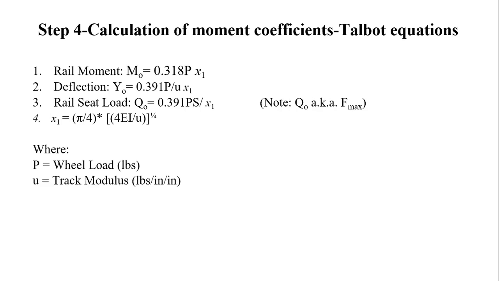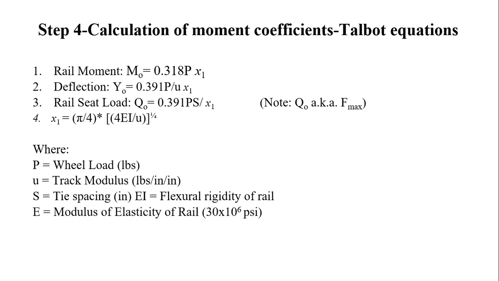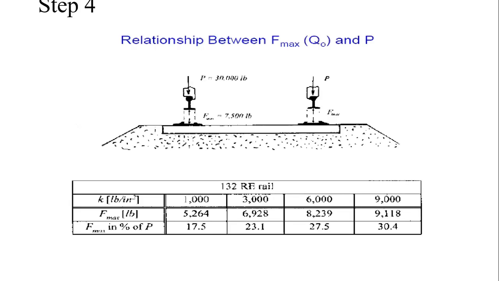We know what B, U, and S are: the tie spacing and the modulus of plasticity. Now, step 4. One wants to know what the value of Q naught, the load seating value, should be.